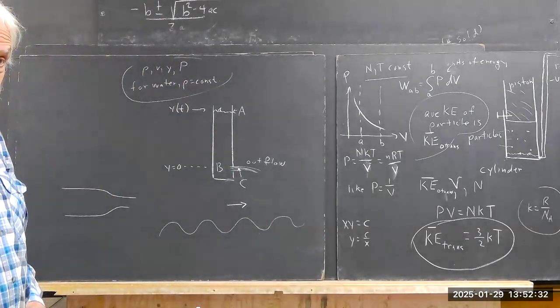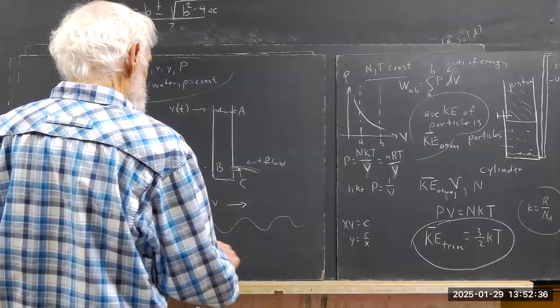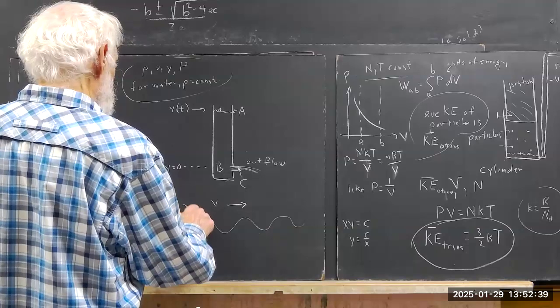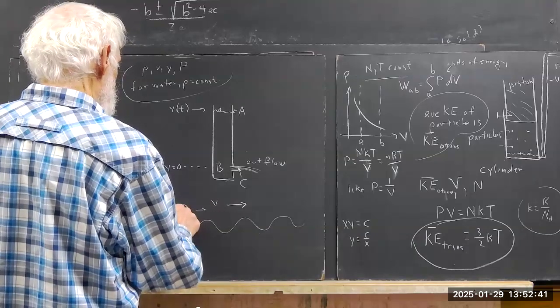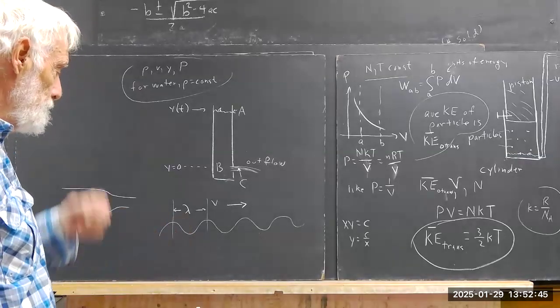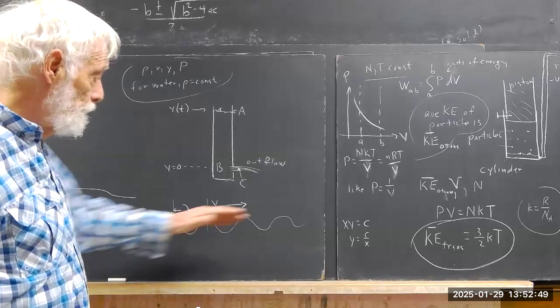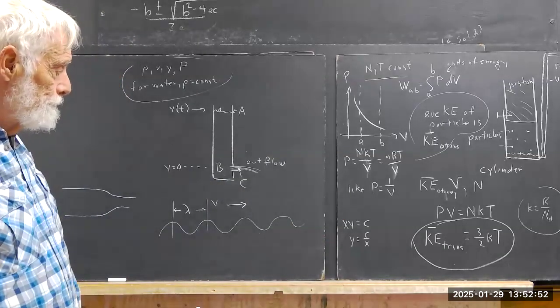It's moving like this. Okay. It's got a speed. The distance between peaks is what we call wavelength, and we can indicate that by lambda. Okay. So this is moving to the right.